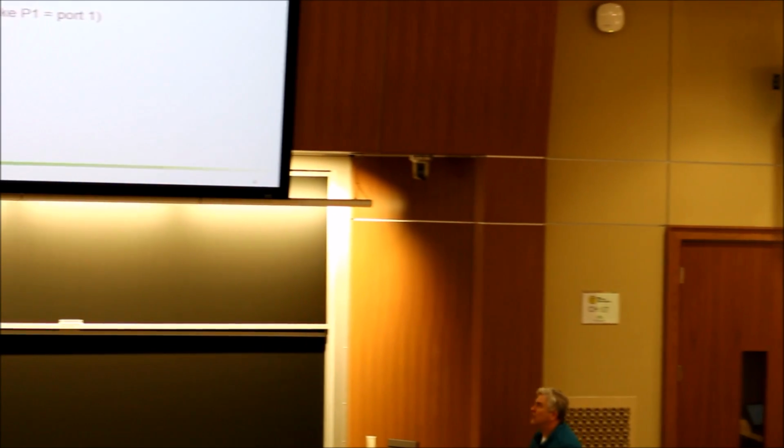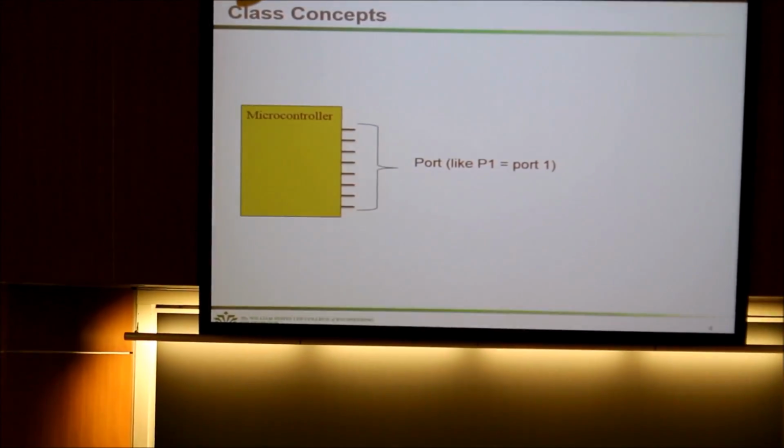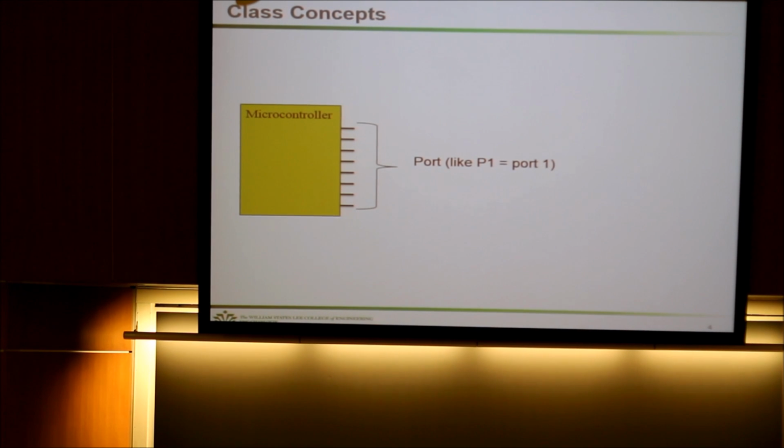So, as shown up there, the port is a bunch of wires coming out of the microcontroller. And how many do we have up there? 8, all right? Have we done anything yet in class to put 8 things together? Oh, we put 8 bits together, right?